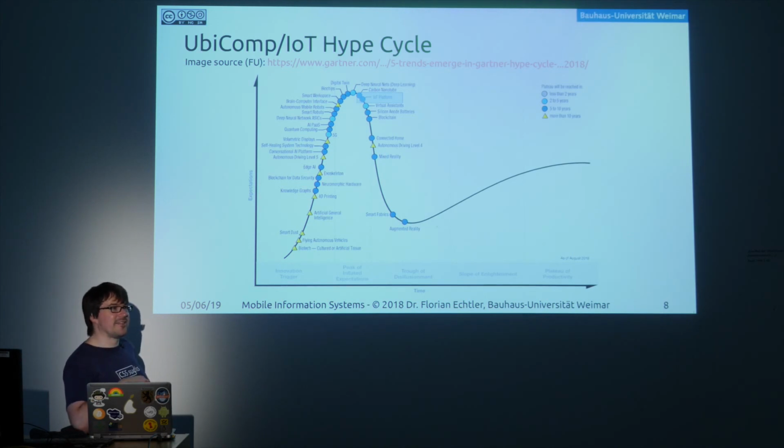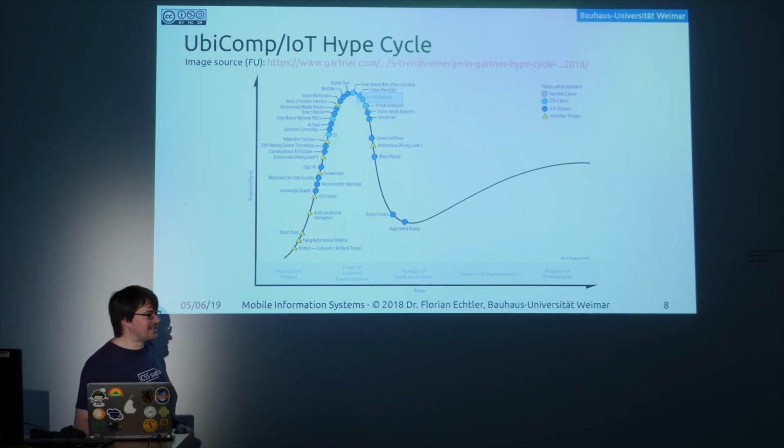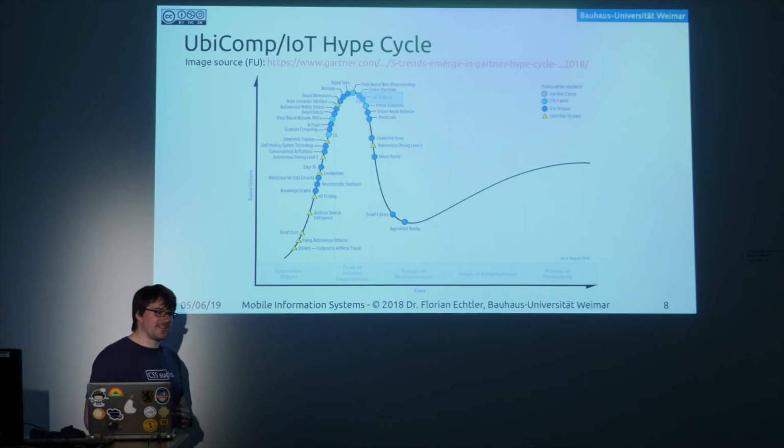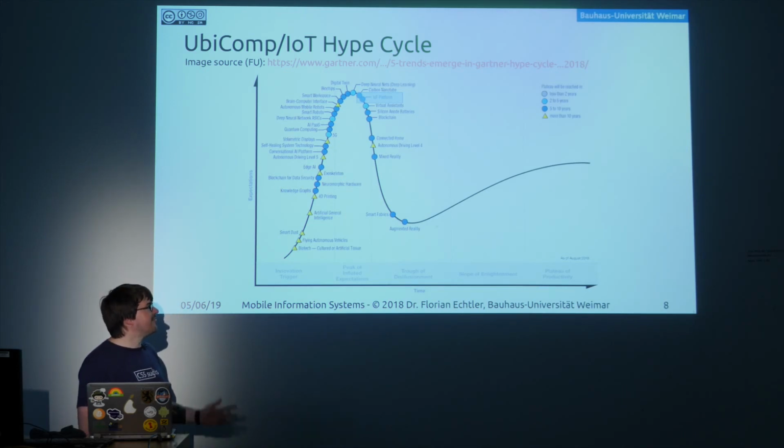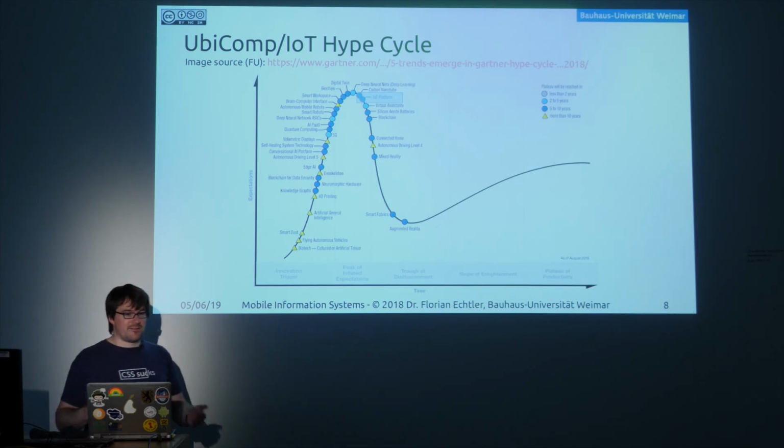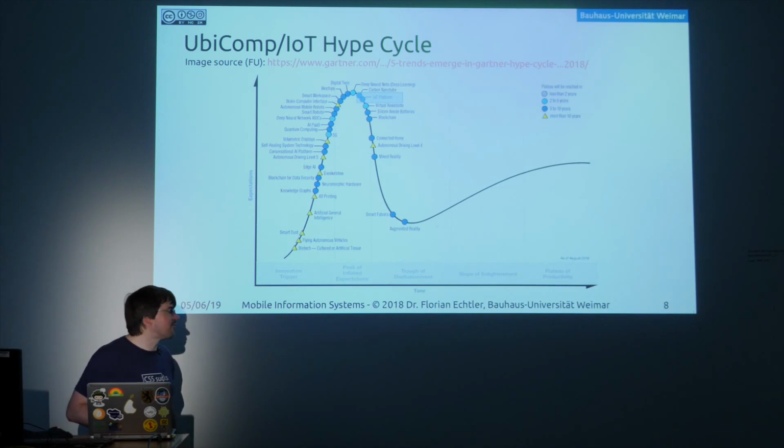It's still very much an overhyped topic, but it's already a little on the downward slope. So in 1 or 2 years, people will probably realize that it's not quite as great after all, and that a lot of the things that are getting promised aren't that spectacular. And maybe in 5 years or something like that, we'll reach a point where people will use it for those tasks that actually make sense, and not try to claim that absolutely everything can be solved with IoT.